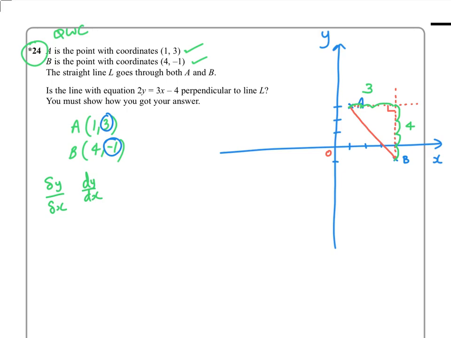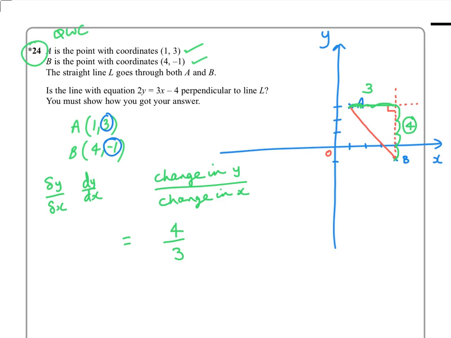But if you look at the change in the y over the change in the x, you'll get the gradient no matter how you do it. So let's have a look at the first way. The change in the y we managed to find was 4, and the change in the x was 3.